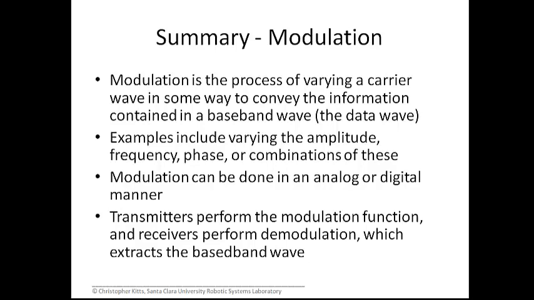We can do it in an analog way or in a digital way. When we do it digitally, or in a discrete way, we usually use the term shift keying for that. Transmitters generally perform the function of modulation, and receivers generally perform the function of demodulation. Sometimes we use the term transceiver, which means it can do both. That's the end of our modulation section.